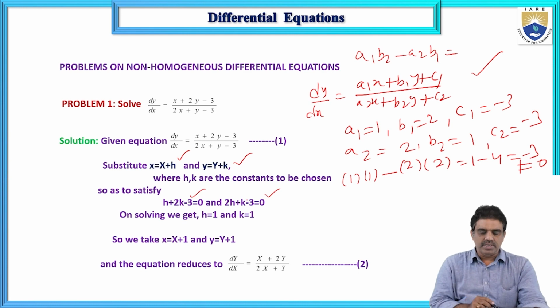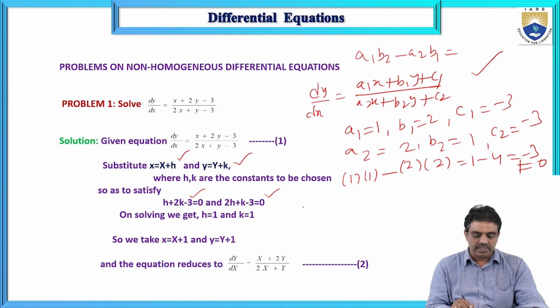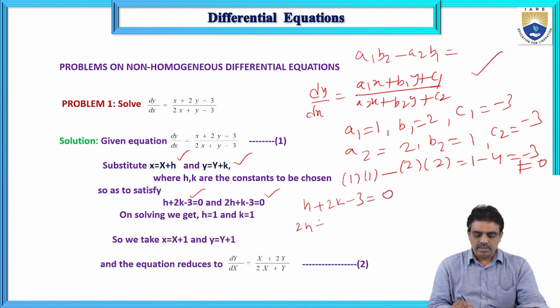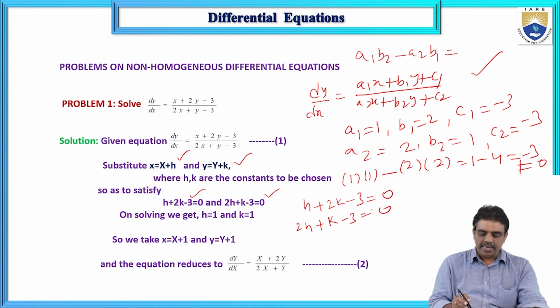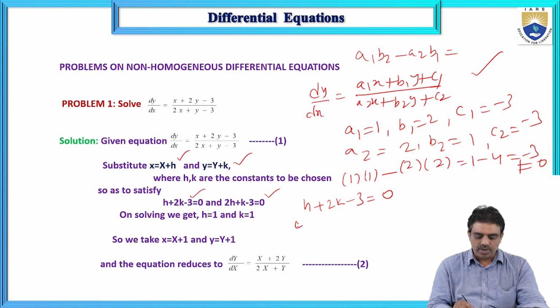So solve the two equations. You know how to solve two equations. h plus 2k minus 3 is 0 and 2h plus k minus 3 is 0. So multiply the second equation with 2. The equation will become 4h plus 2k minus 6 is equal to 0.